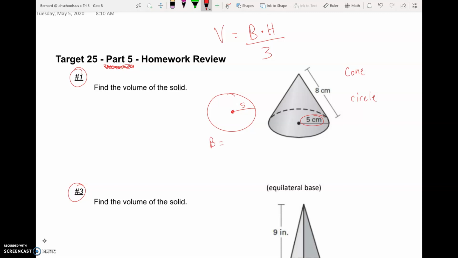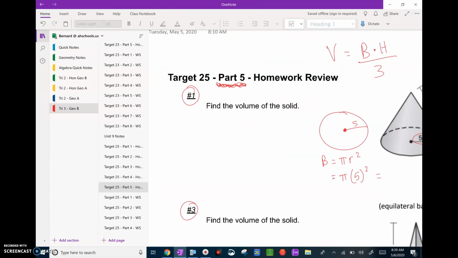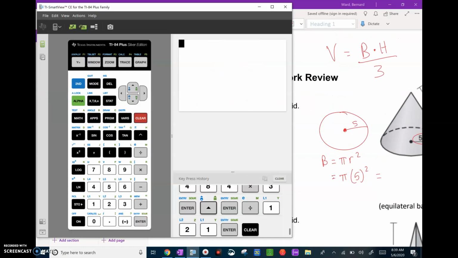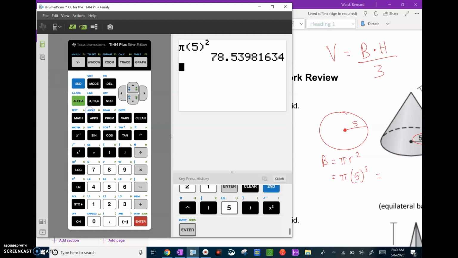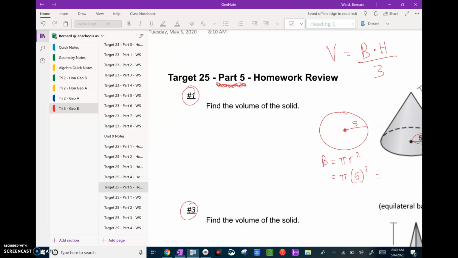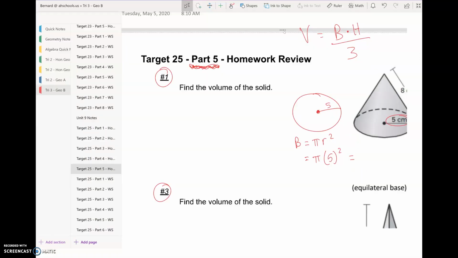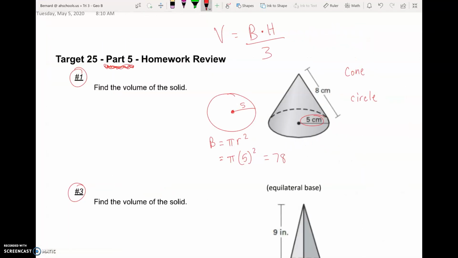The area of a circle is pi r squared, and since r is 5, big B in this example is pi times 5 squared, which is 78.5. We're going to need to use that in a second.